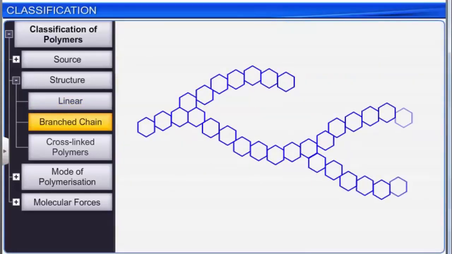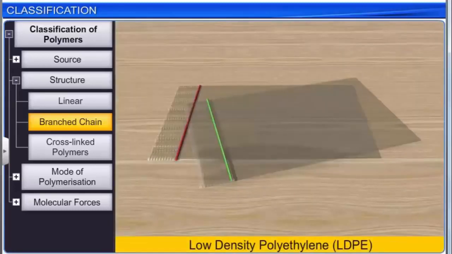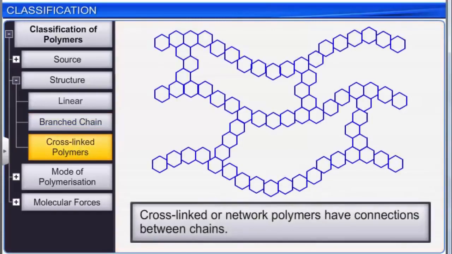Branched chain polymers contain linear chains that have some branches. One common example of a branched chain polymer is low-density polyethylene, or LDPE. Cross-linked or network polymers have connections between chains. These connections are strong covalent bonds that link various linear polymer chains.